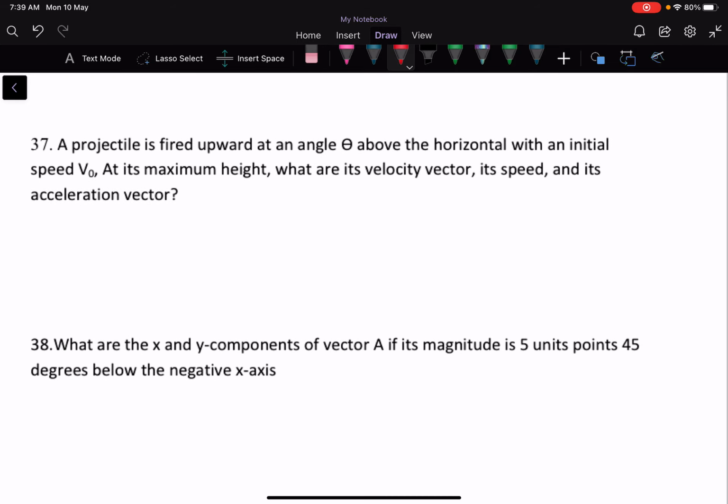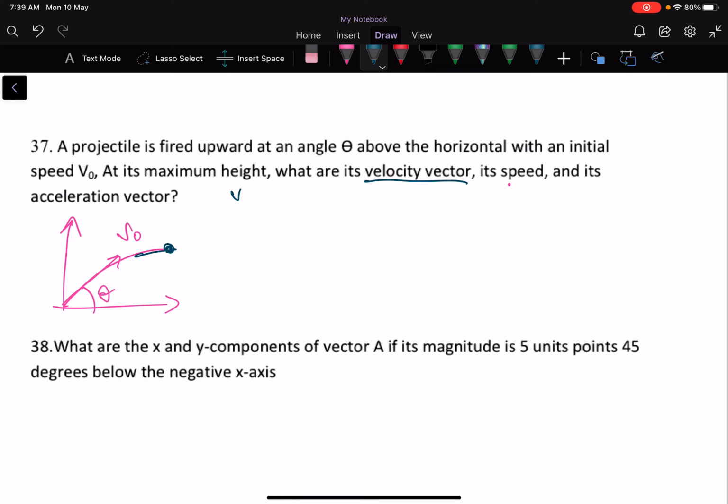Okay, now come to question number 37. A projectile is fired upward at an angle theta above the horizontal with an initial speed v0. At its maximum height, what are its velocity vector, its speed and its acceleration vector?